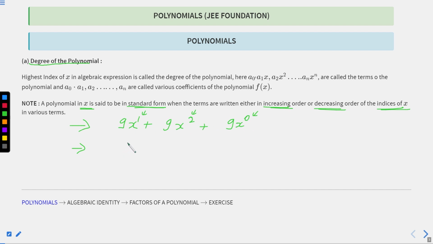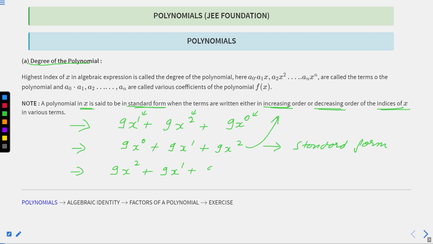So first of all, let us arrange it in increasing order. Then this form is my increasing order, and we call it a standard form for the polynomial. One can also write it in decreasing order of indices of x, which means the powers are getting decreased.